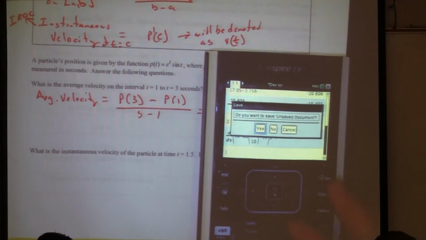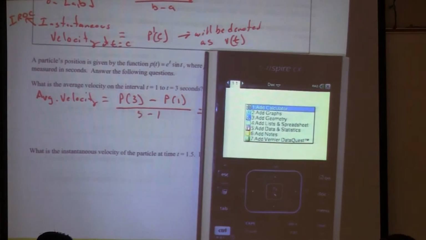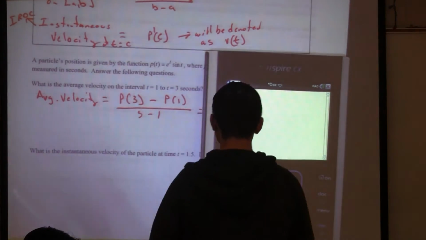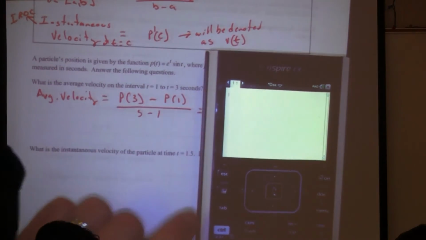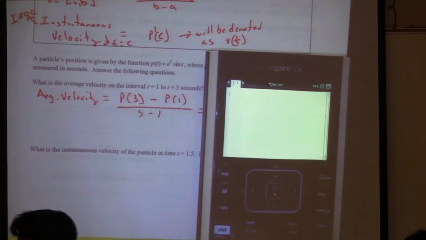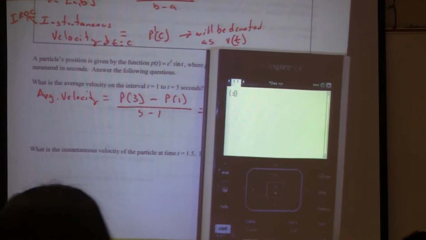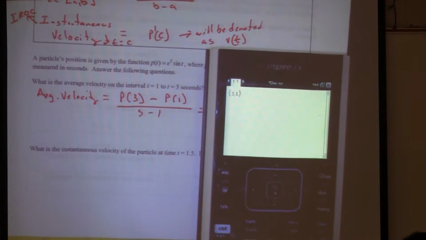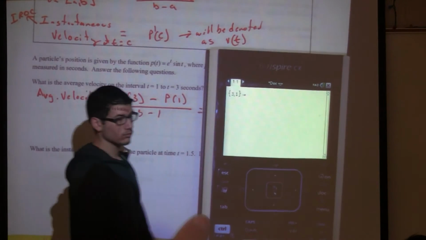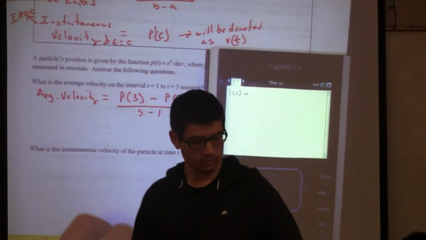Do you guys remember how to do both of them at the same time? Yeah. So control N so I can start from scratch. How do I do 3 and 1 together in the same function? Braces, 3 comma 1, and then control bar, X. I'm gonna put T just to be fun.